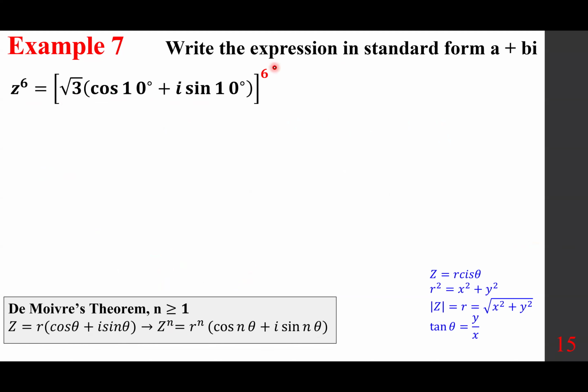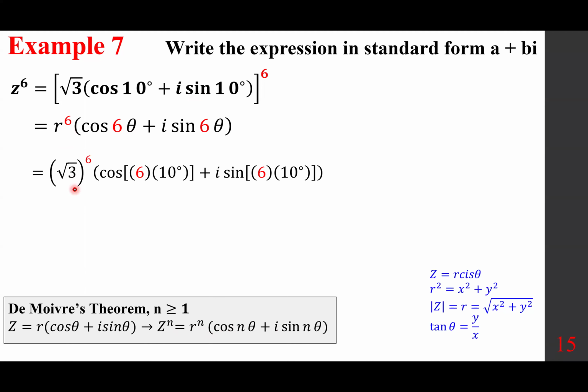This would be the square root of 3 to the power of 6, cosine of 6 times 10 plus i sine of 6 times 10. So we put 6 theta, and theta is 10 degrees. So I'm following that, in the case of n being 6, with r and 10 degrees.